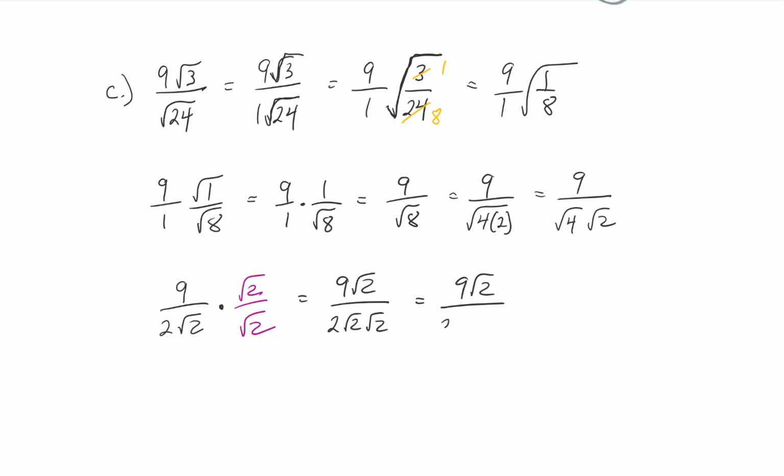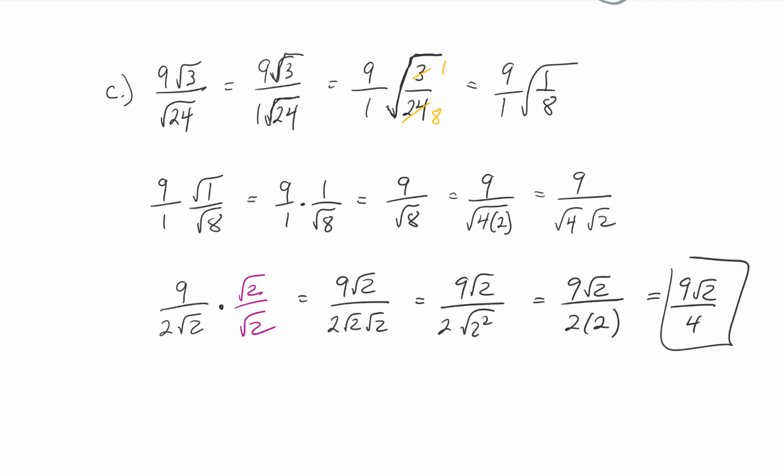And let's see what we get. We end up with 9 times the principal square root of 2, and we get 2 times 2 in the bottom. So our simplified fraction is 9 times the principal square root of 2 over 4.